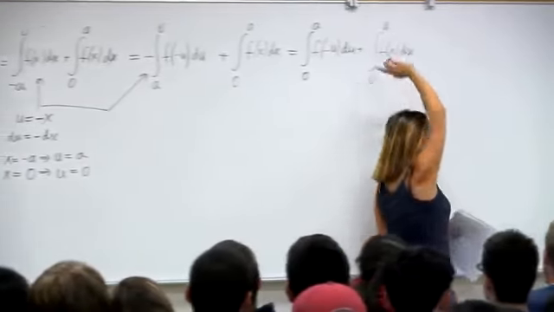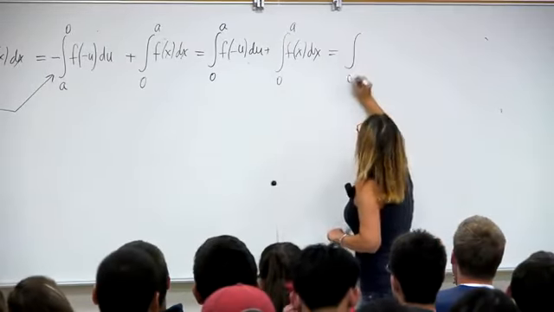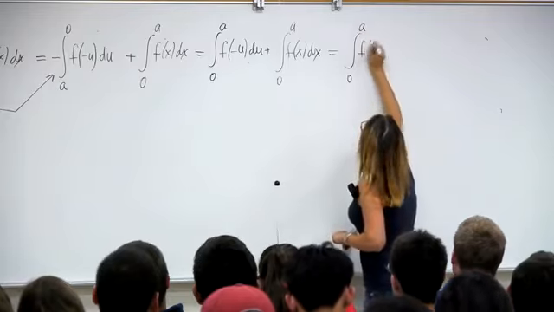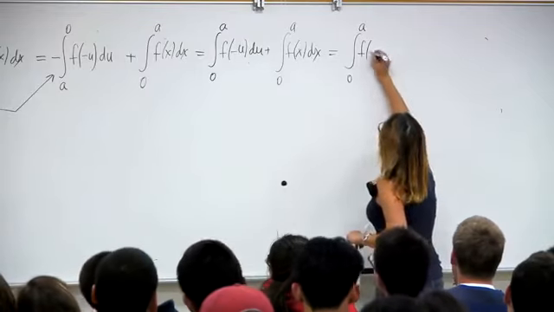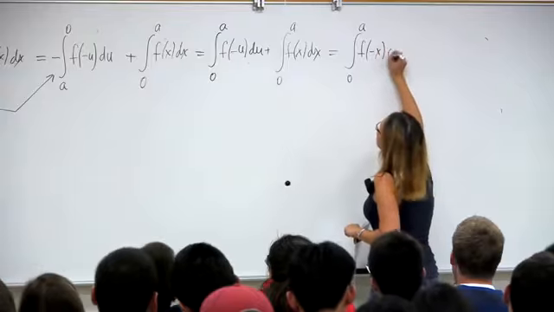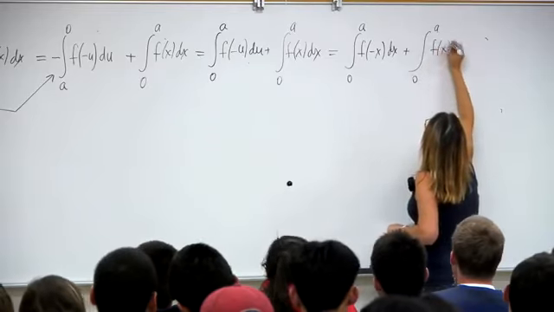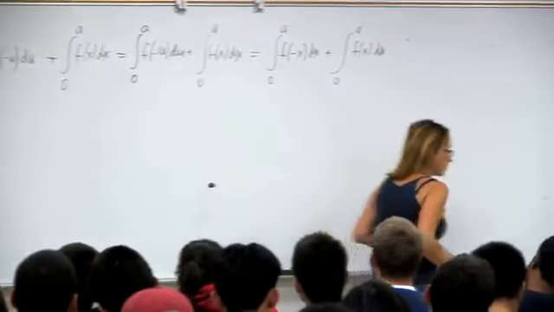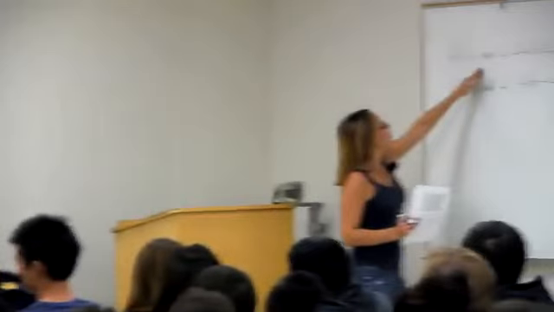So from now on, it's just a silent variable of integration. And I rewrite it like this. From 0 to a, I simply rewrite it f of minus x dx, plus the integral of f of x dx.